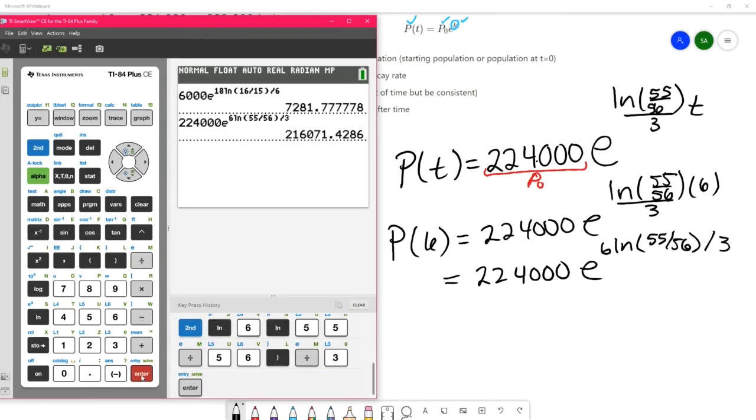And after an additional 3 years, our population has reduced even more down to 216,000. Let's round to the nearest whole number to 71. 216,071.